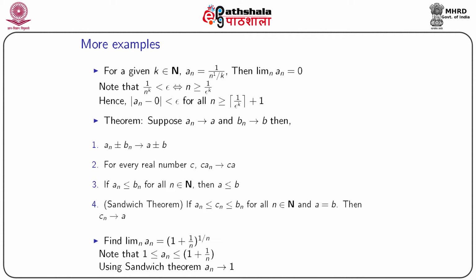If an is less than or equal to bn for all n belonging to the set of natural numbers capital N, then a is less than or equal to b. And the last result, that is very important, is called the sandwich theorem.